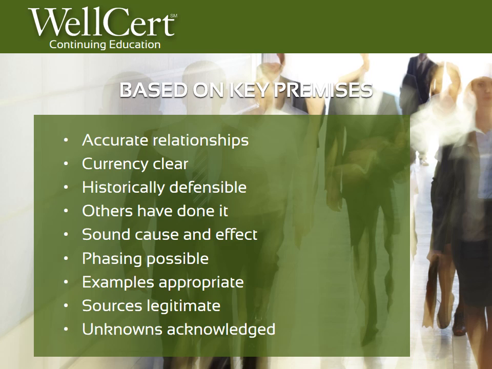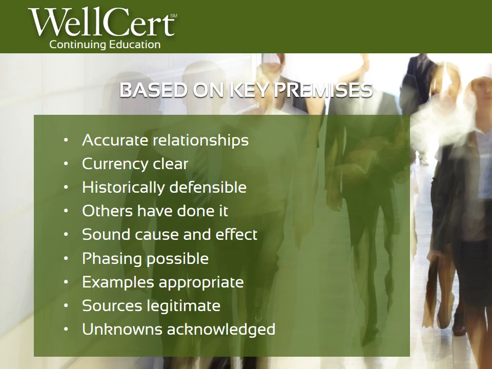And we also want to have unknowns that are acknowledged. So where we are not sure about things, we need to be able to say that. We need to be able to say there is some uncertainty about this particular issue. We're uncertain about the repairs that are being designed for the ACA, for Obamacare.